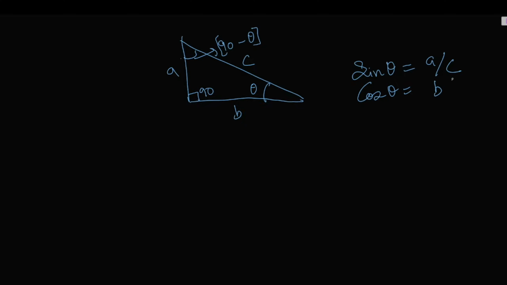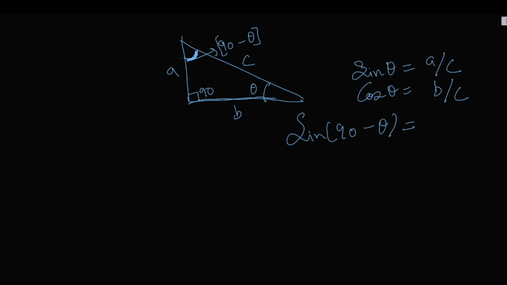B by C. Now if I take this angle into consideration, for this angle the perpendicular will be B. So for this triangle, sin 90 minus theta would be equal to how much?